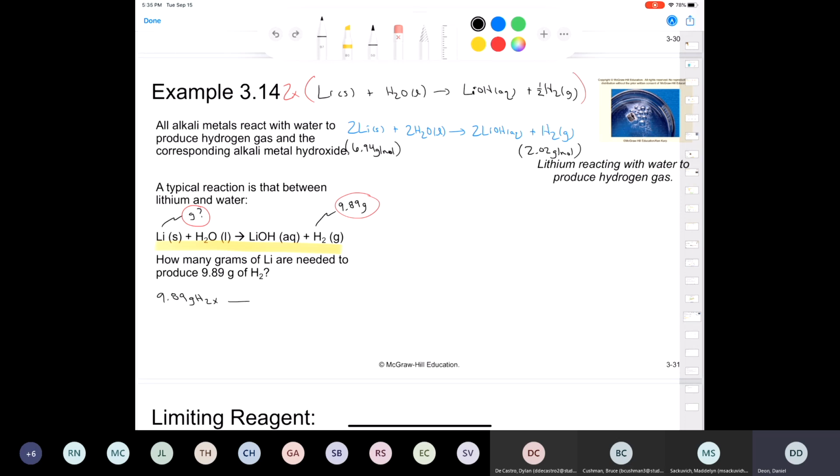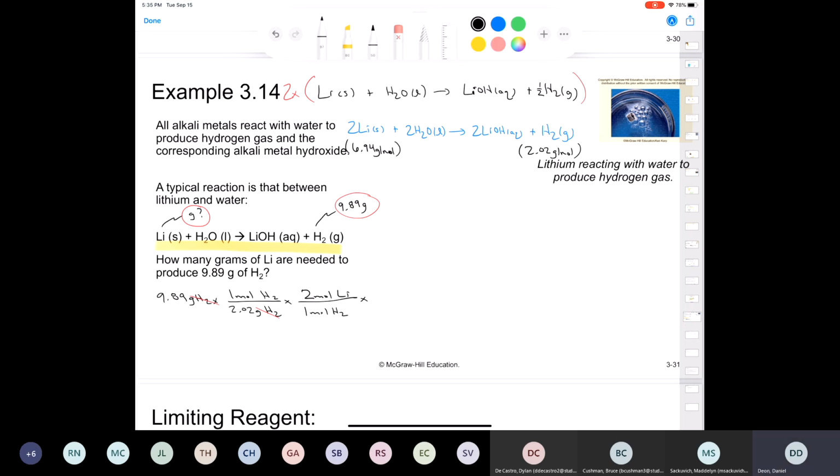So we're going to divide that by the molar mass, which is 2.02 grams of H2 in 1 mole of H2. If I was to stop right here, which I'm not going to, I would end up with the moles of hydrogen, but I want the moles of lithium. And I know that for every 1 mole of hydrogen, I produce 2 moles of lithium. Let's write that in. 1 mole of hydrogen gives me 2 moles of lithium.